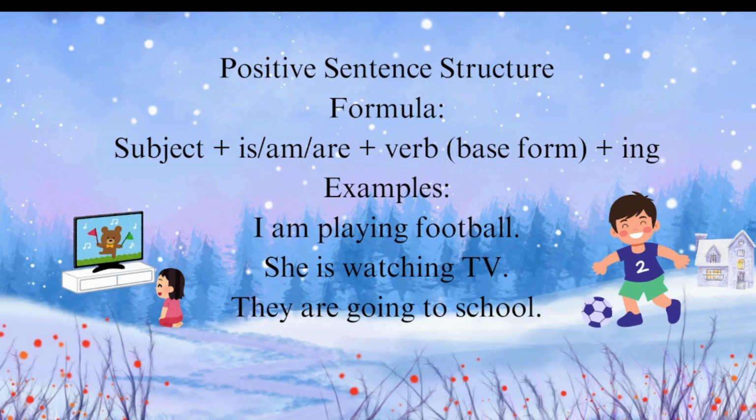Those are am, is, or are. So we use any one of those three helping verbs plus V1 plus ing, which is also known as V4 or present participle form of the verb. With the help of this structure, we can frame sentences in the present continuous tense.